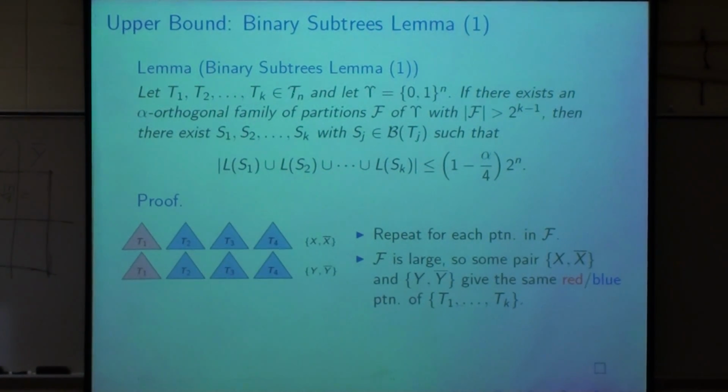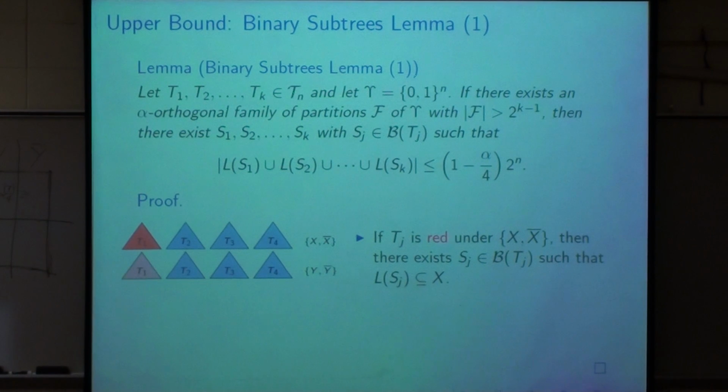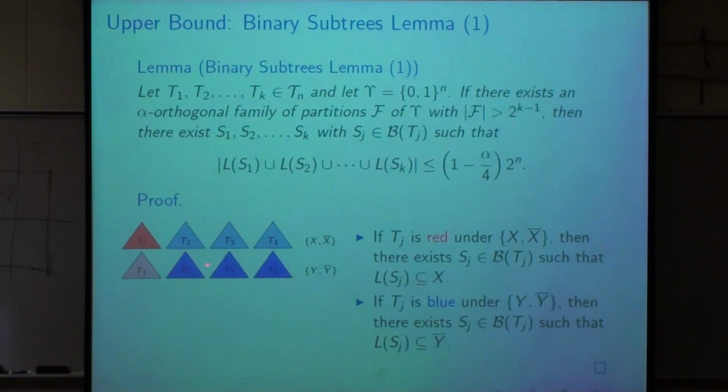Okay, so let's see what we've got. Well, what did it mean to have a red binary subtree? That meant that all of the path labels in this binary subtree are inside the first part of this partition. And what did it mean for all of these to have blue binary subtrees? That meant that all of the path labels in those binary subtrees are in the second part, the complement of y.